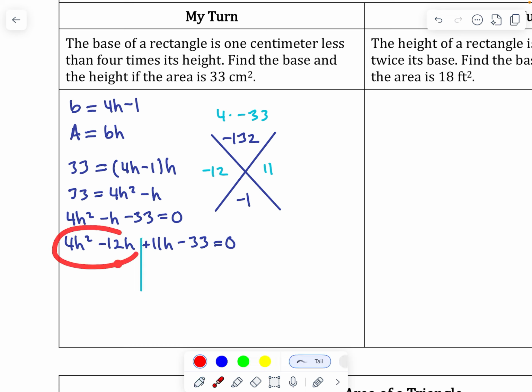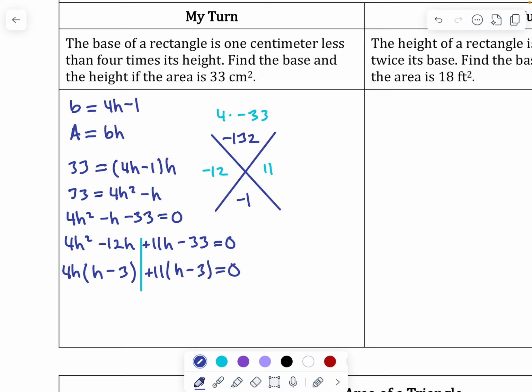I'm going to group up the first two terms, and those are separated from the second two terms. What could I factor out of 4h squared minus 12h? We could factor out 4h, leaving behind h minus 3. From the second two terms, I can factor out 11, which leaves behind h minus 3.